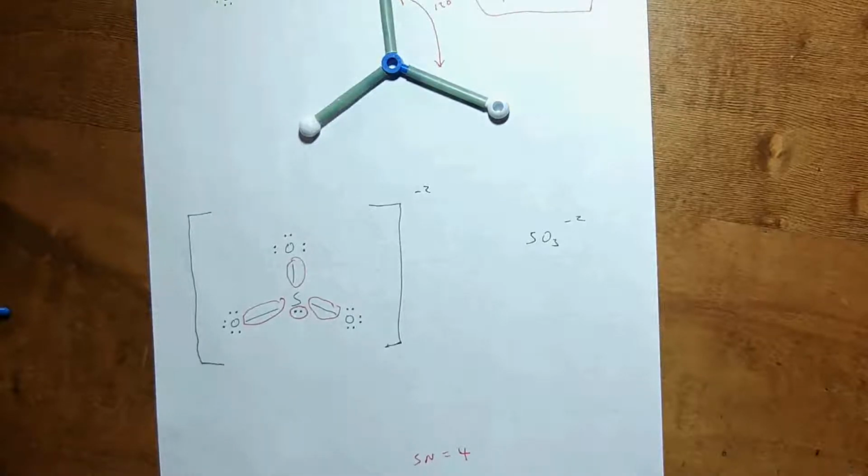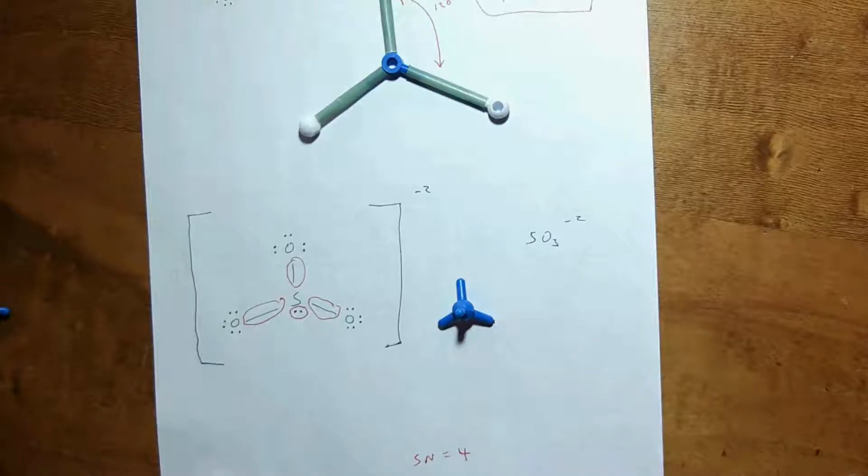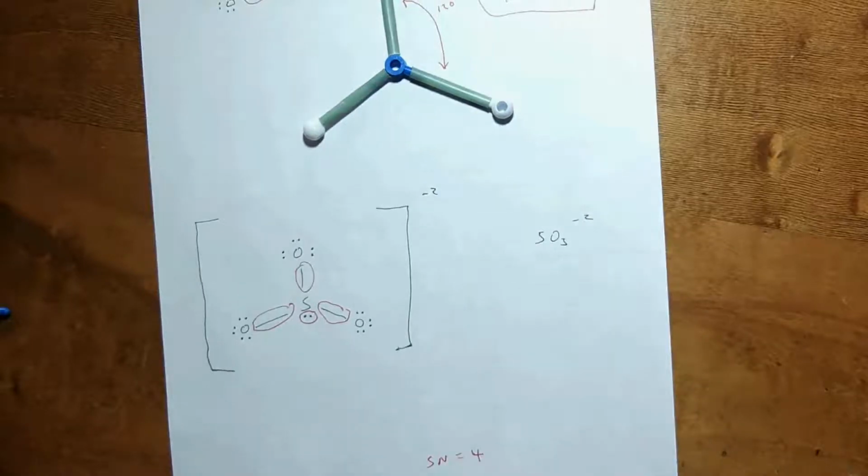So when I go to build this, I've got to build it around that central atom, with the tetrahedral architecture. So if we slap that guy together, we'll see the shape there.